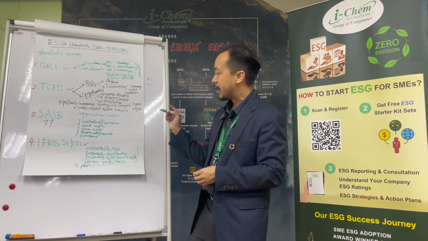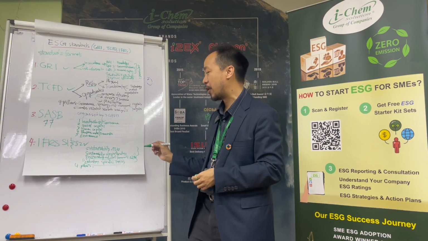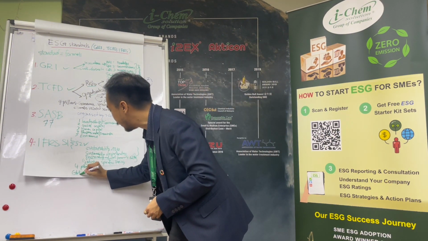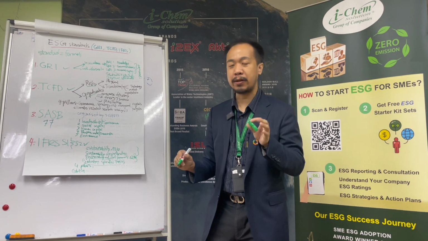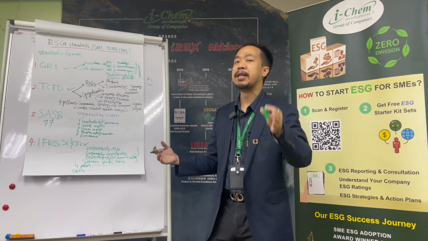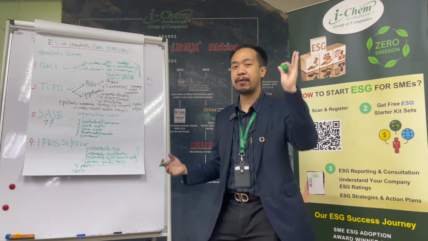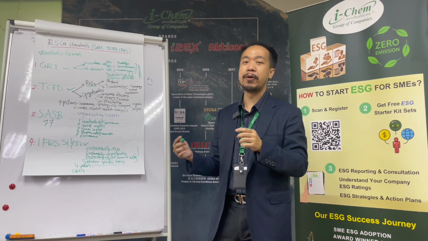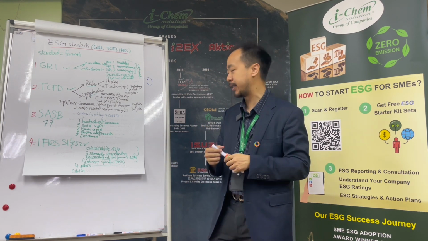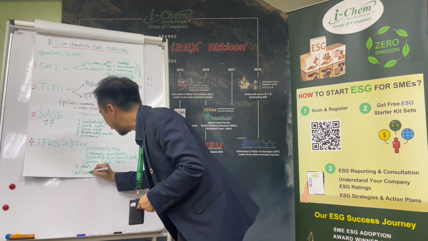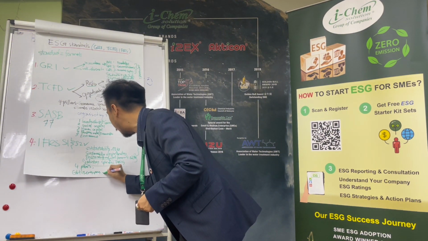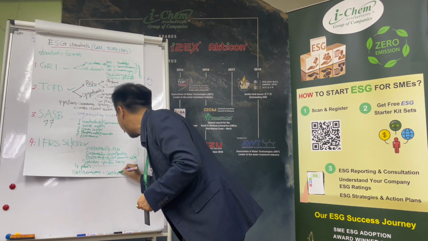And in IFRS S1 and S2, you also talk about GHG emissions based on GHG protocol. Now, I haven't talked about GHG protocol yet. Just know GHG protocol is a very important standard for reporting your GHG accounting process. So GHG emissions are based on GHG protocol.